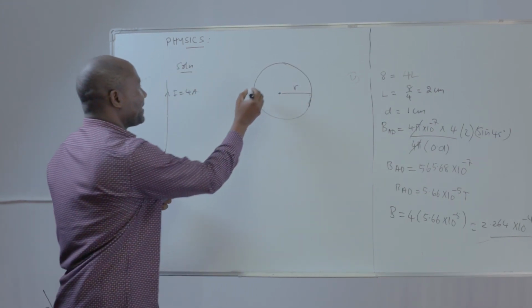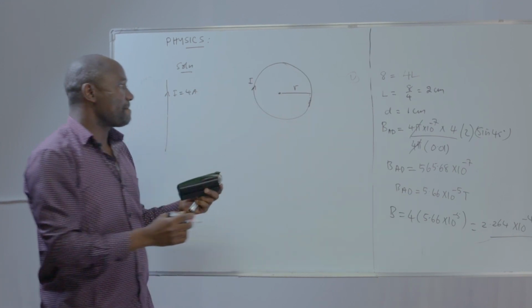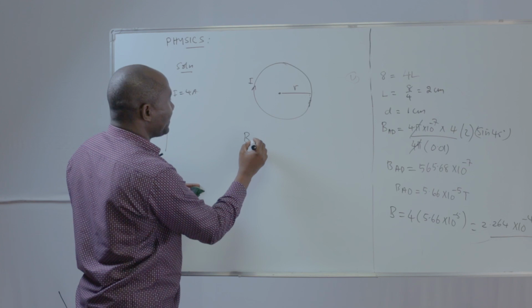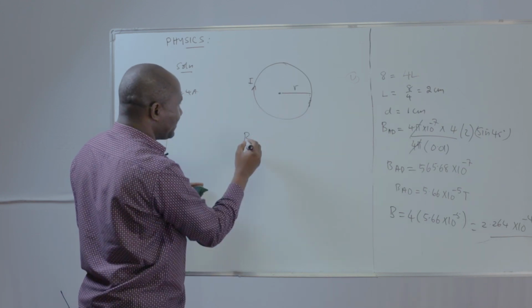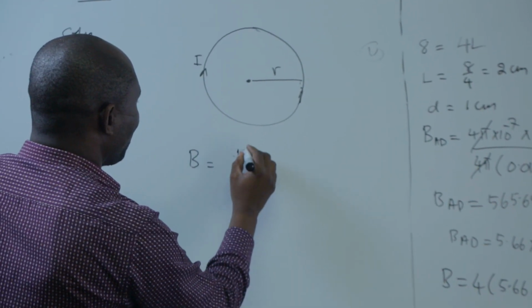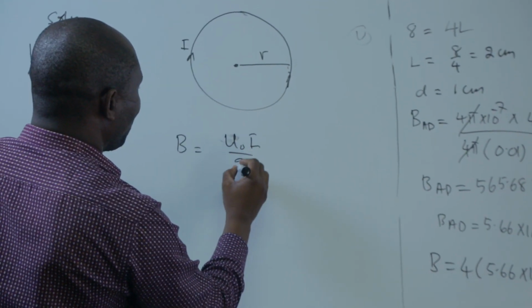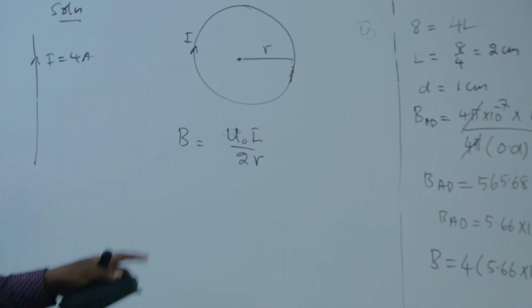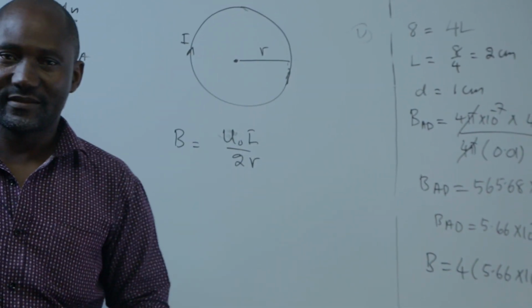Bending that, we have the current, and we know the radius now. The formula is B at the center of a circular loop equals mu I over 2R. We know the current, we know the mu, we don't have the radius.